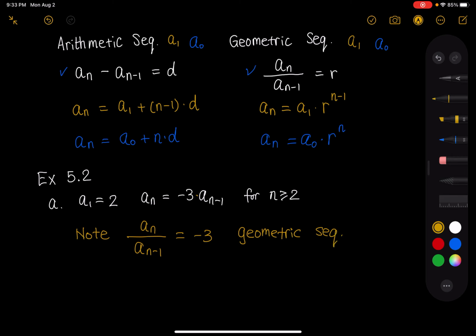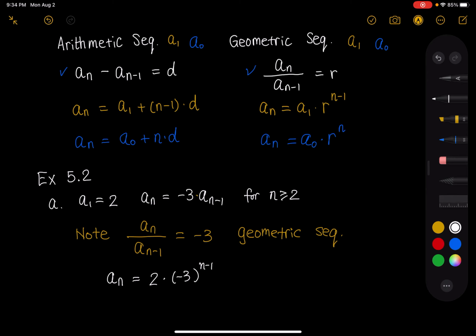This realization will help us apply the general formula. a_n will equal, and we notice it begins with a_1, so we'll use the formula for a_1, which is 2, times the ratio, which is negative 3, to the n minus 1 power.